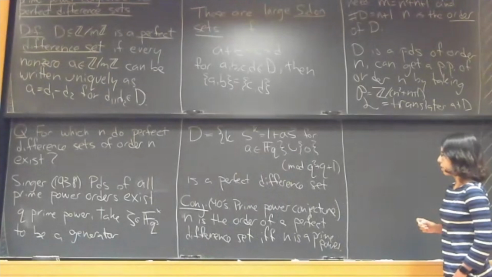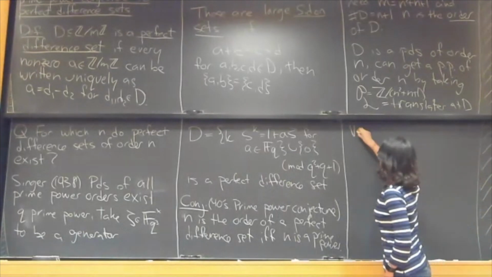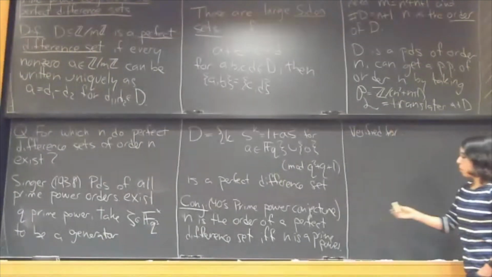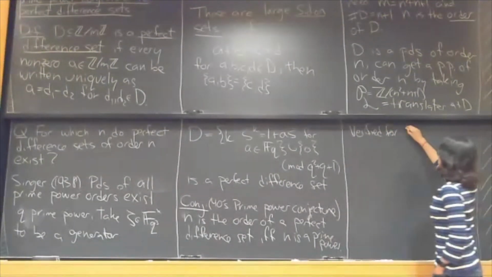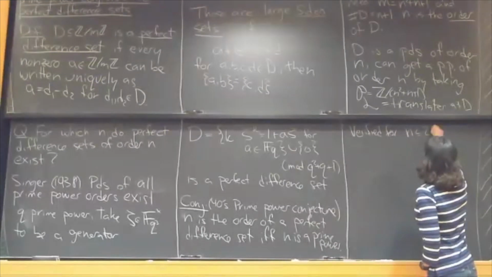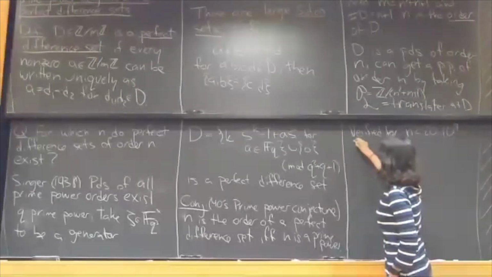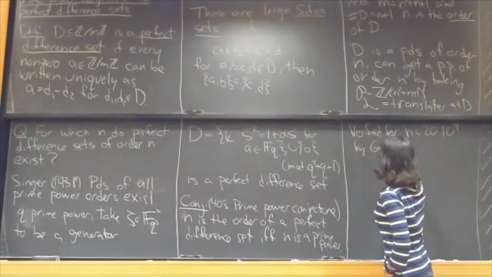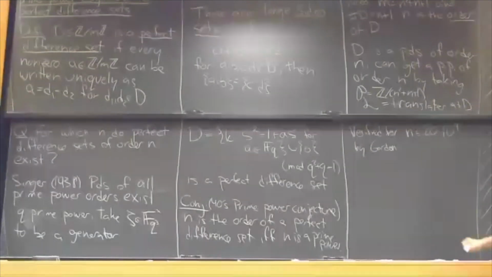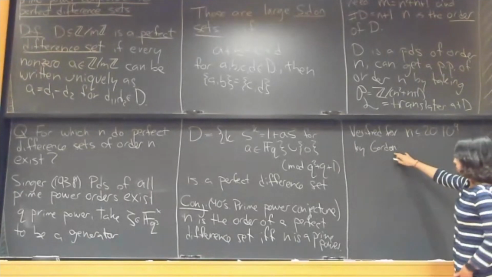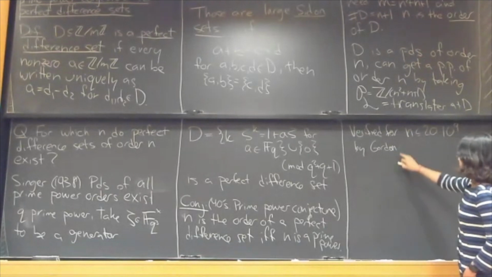So this conjecture has been verified for all n below 20 billion, by Gordon, and yes, a paper that just came out this summer, beating his previous record with Baumert, from almost 2 decades ago, of 2 billion.